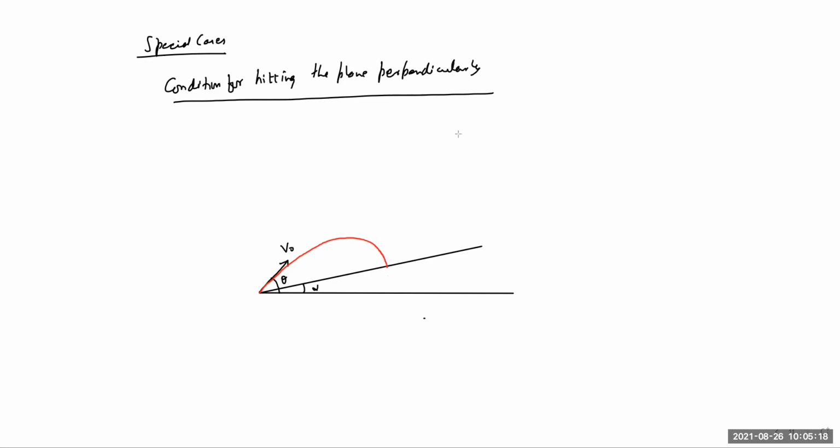So at the moment of the impact, the velocity vector is just at right angle to the plane. Now this is what we have to exploit as information.